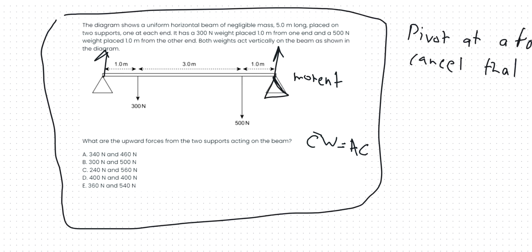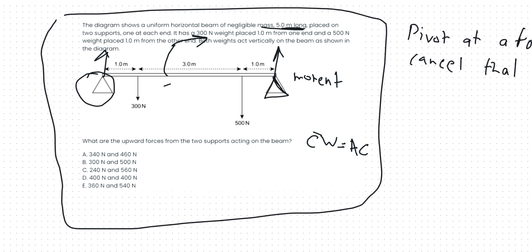The clockwise moment is this way right here, when the bar moves this way. So that would be this upward force. The upward force is x, I don't know, and then multiply this by the distance from this force to the pivot, which is 5 meters, because they told me the bar is 5 meters long.